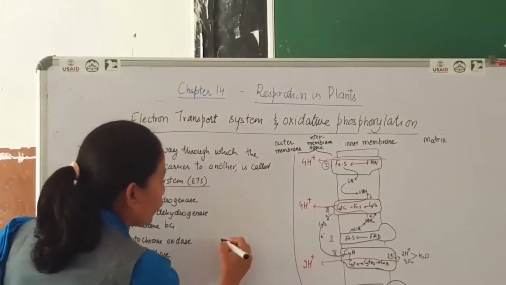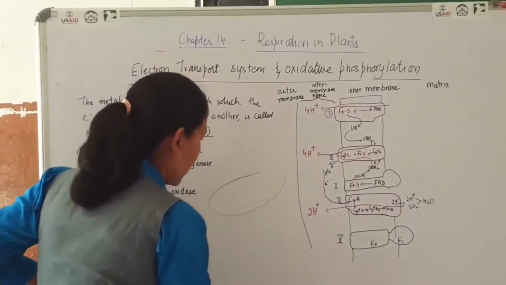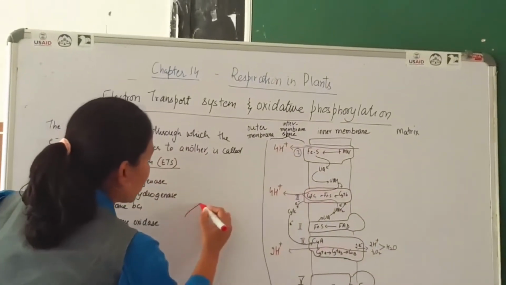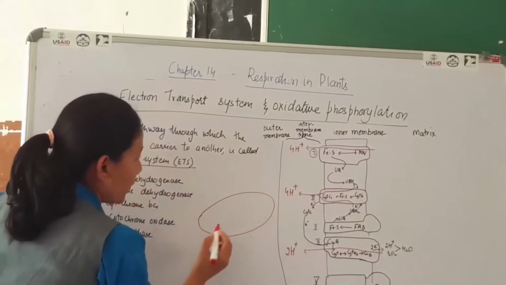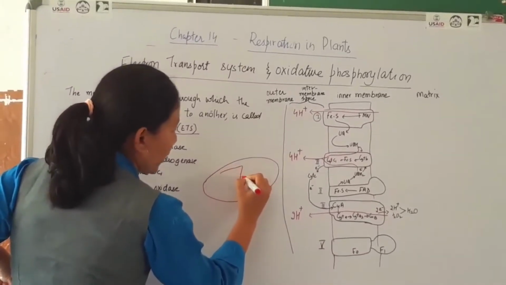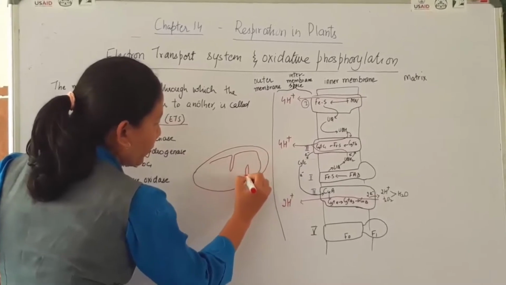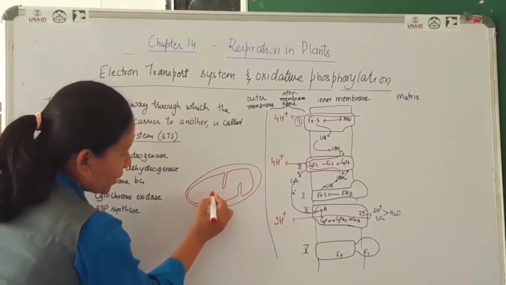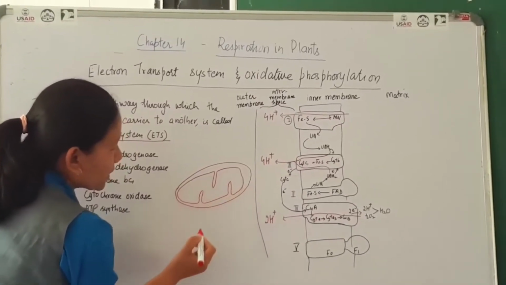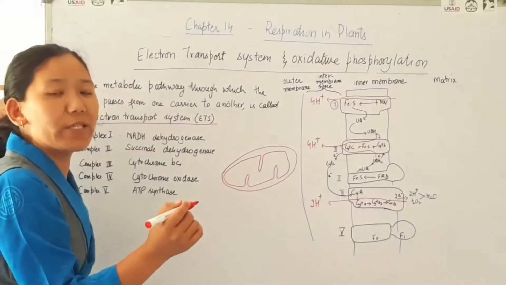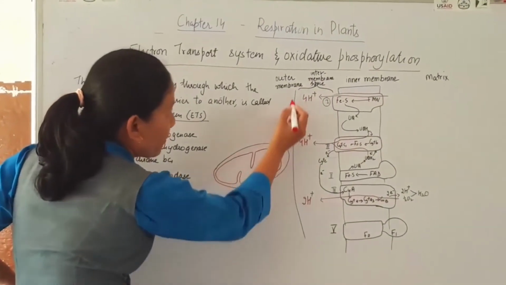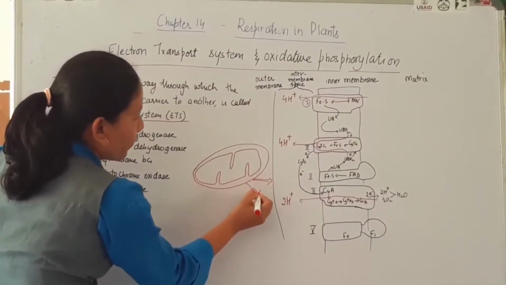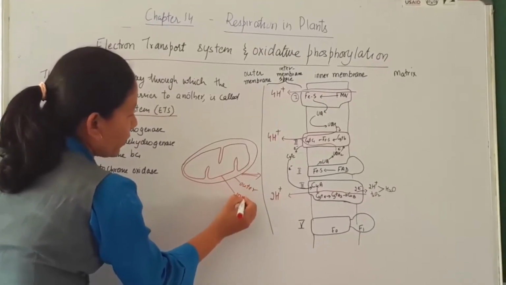So we know the mitochondrial structure: there is the outer membrane and then the inner membrane, and this inner membrane is folded so that it increases the surface area for ATP synthesis.